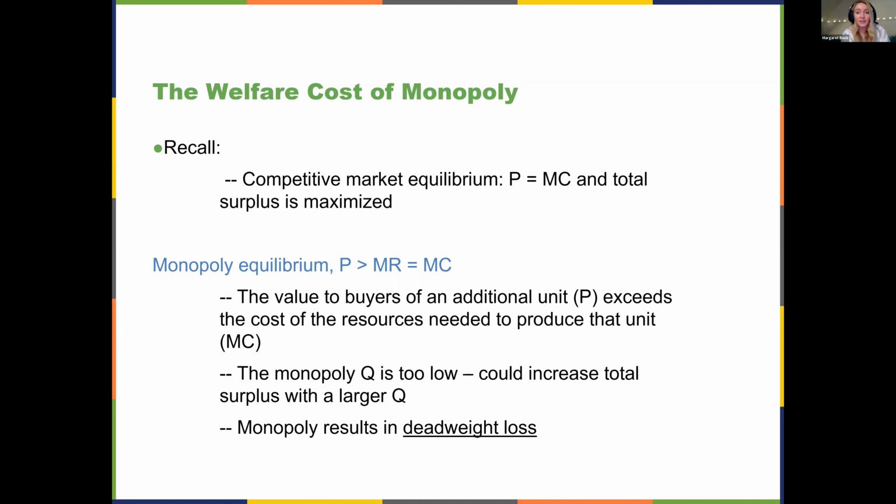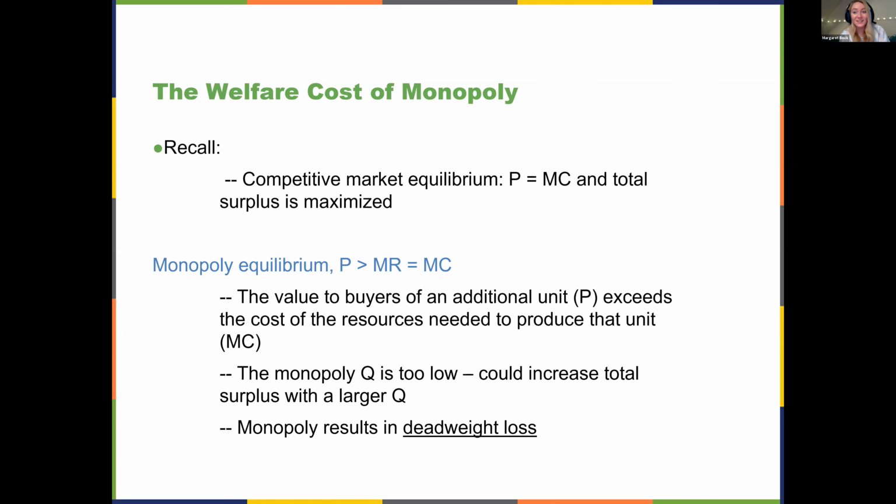So we learned back in chapter 3 that markets are generally thought of as a good way to organize economic activity because the most number of buyers and sellers are made as well off as they can be.